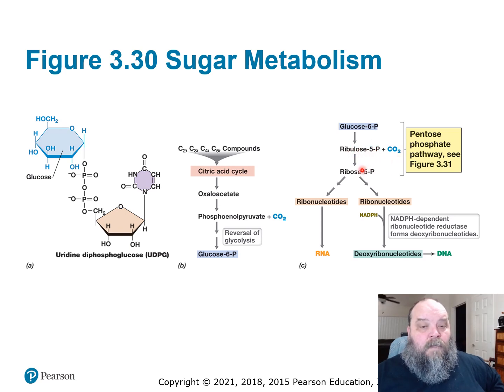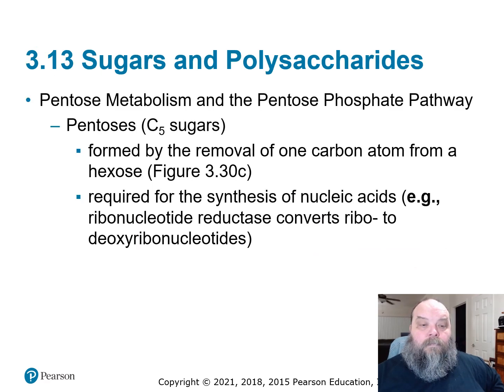Ribulose 5-phosphate becomes ribose 5-phosphate, which becomes RNA or DNA nucleotides. So the pentose phosphate pathway is a means for making 5-carbon rings, C5 sugars. Basically, ultimately you want to end up with ribose.